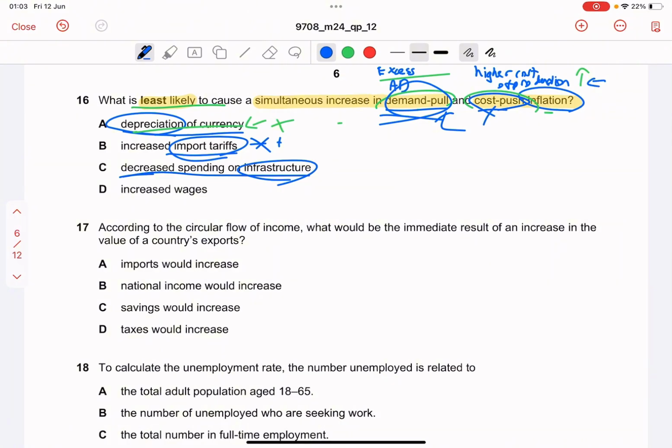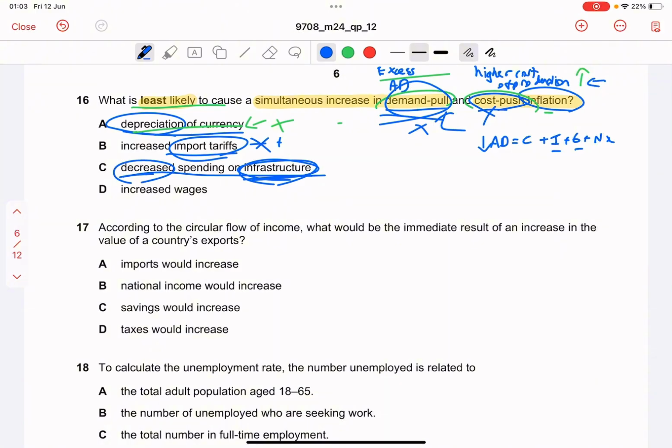But in AD, again, the components are consumption, investment, government spending, and net exports. So spending on infrastructure could stimulate either investment or government spending. But it says decreased spending. That means AD will fall. So demand pull inflation, probably not possible. Cost push inflation from decreased spending on infrastructure? I'm not exactly sure how that relates to cost of production.